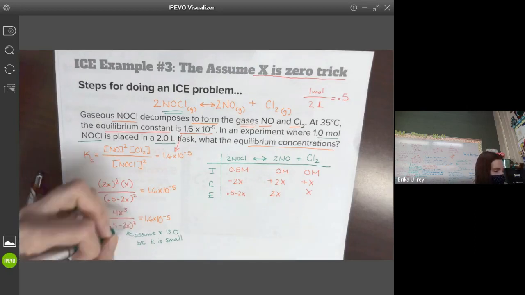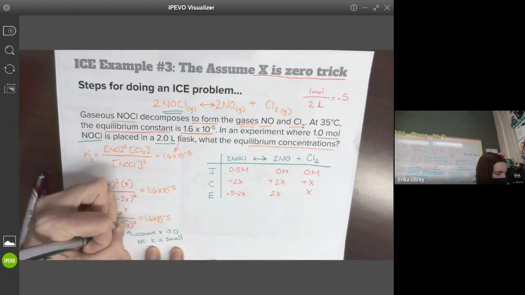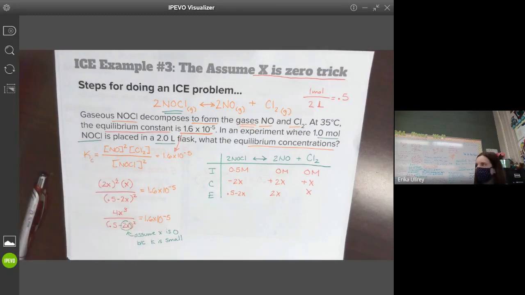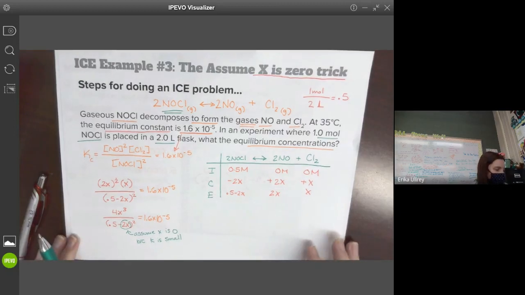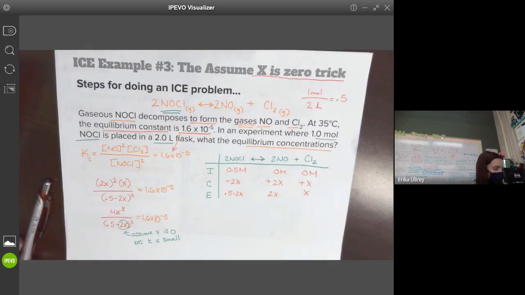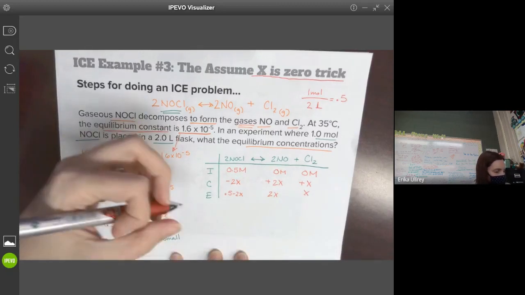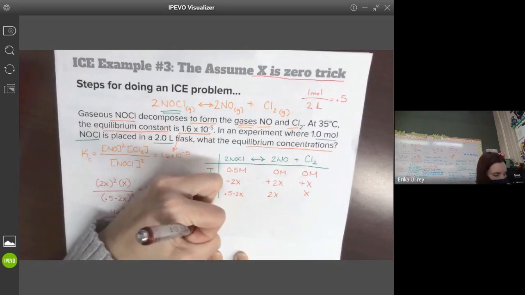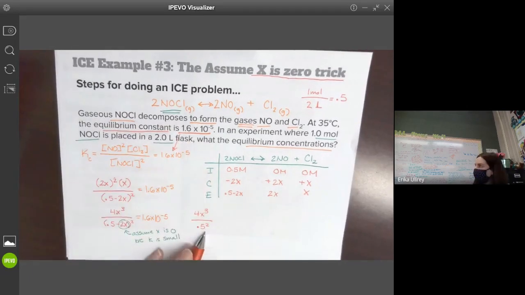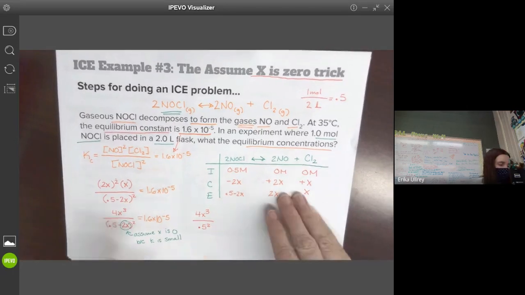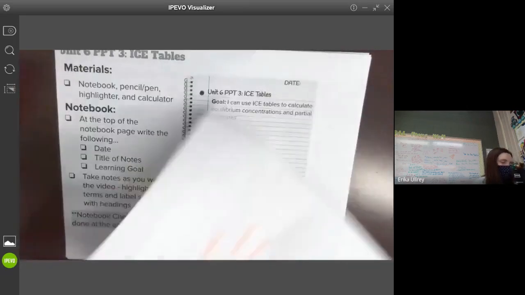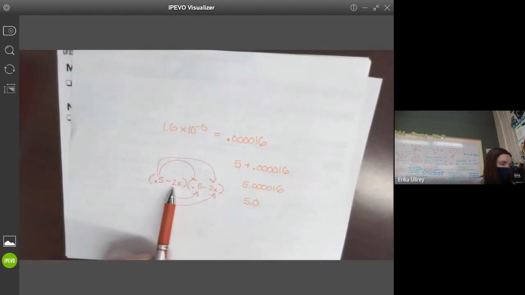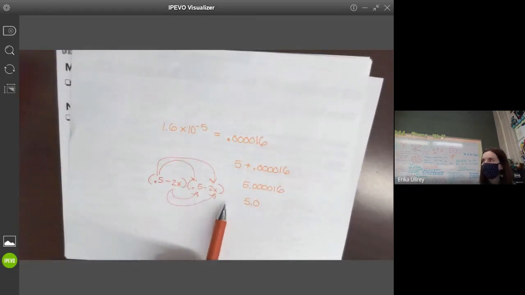So what we're saying is this value that we're subtracting from it is so small that it's not going to make enough difference once we do all of our rounding, okay? So we're going to be able to assume that x is small. So now if we do that, what this really becomes is 4x cubed over 0.5 squared, which, let's admit, is much easier to do than to go and have to FOIL out 0.5 minus 2x times 0.5 minus 2x, right?